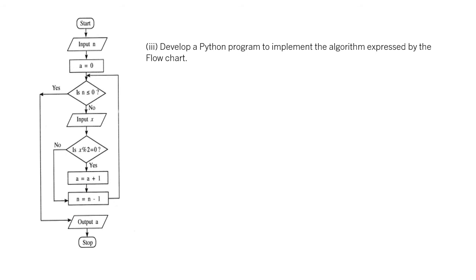So when you go to the next one, the same program you are requested to write in the Python language. It's better you start with the comments. So what we are finding: to find the number of even numbers in the number of inputs. That is our comment. So we'll start.